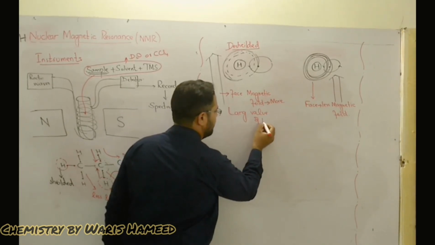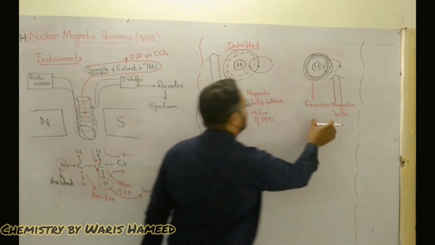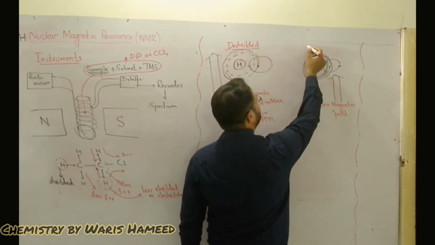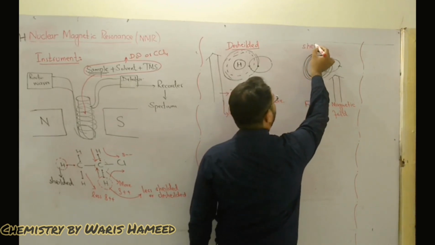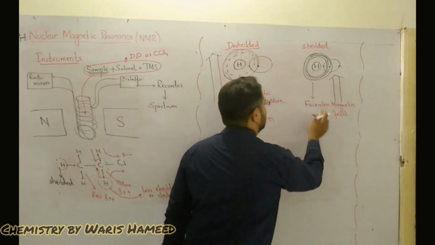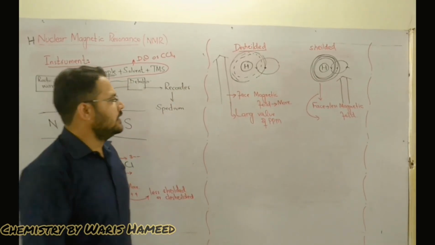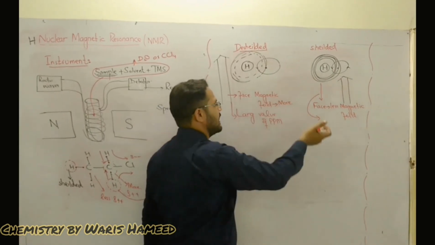Of ppm, and in this case the shielded proton will face less magnetic field, while the de-shielded one will face more magnetic field.